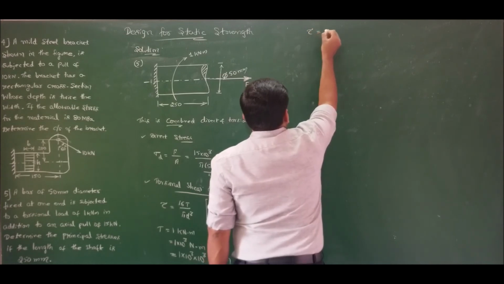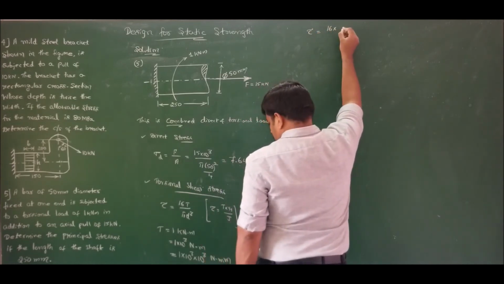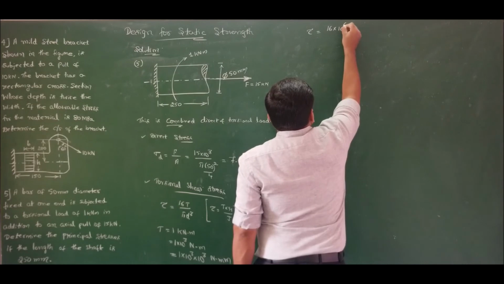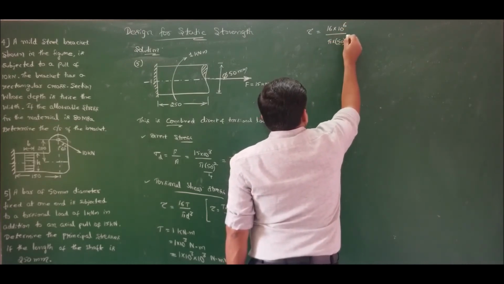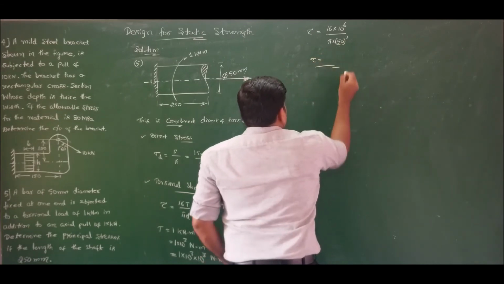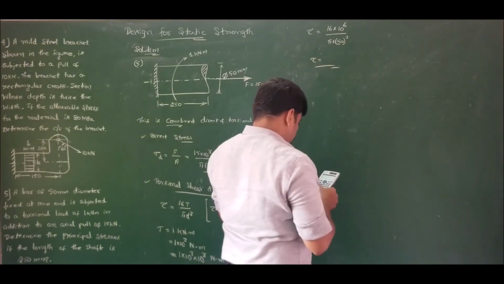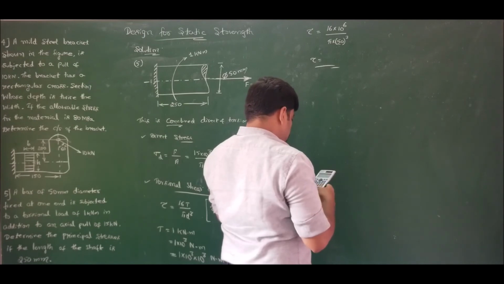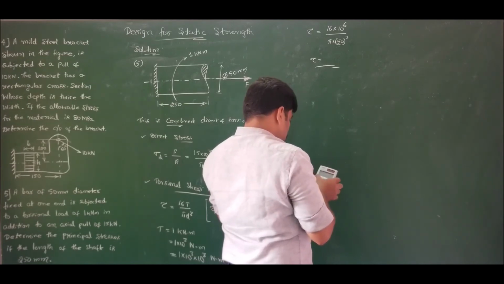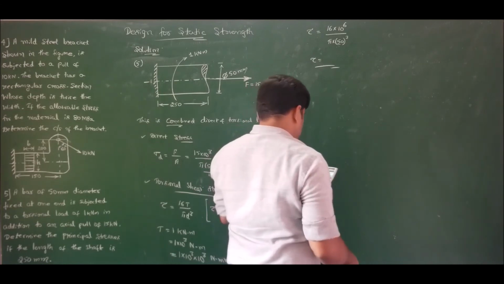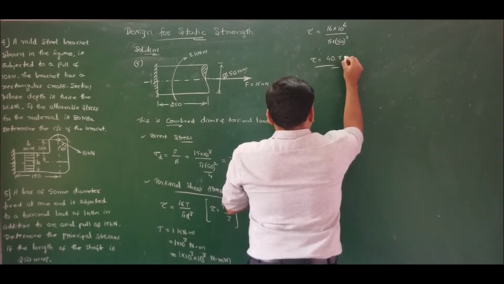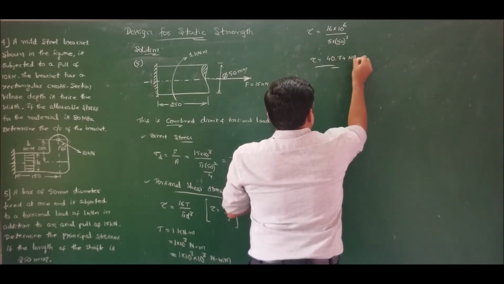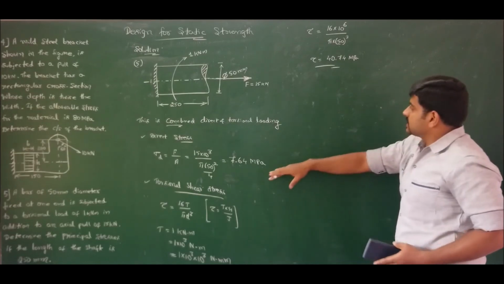Hence the shear stress is 16T by pi d cube, that is 16 into 10 to the power of 6 divided by pi into 50 cube. That is 40.74 megapascals.